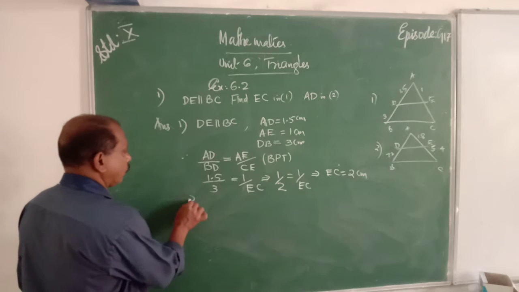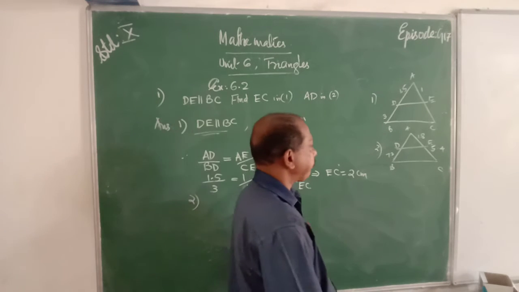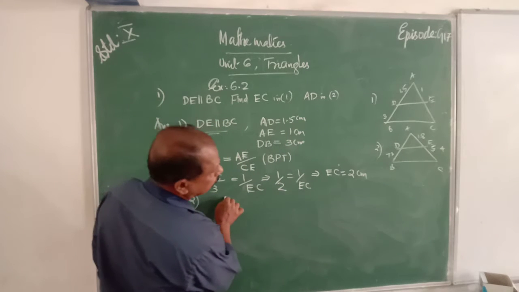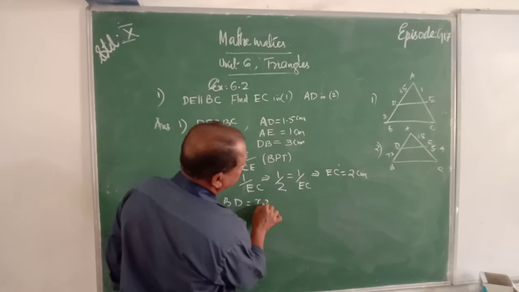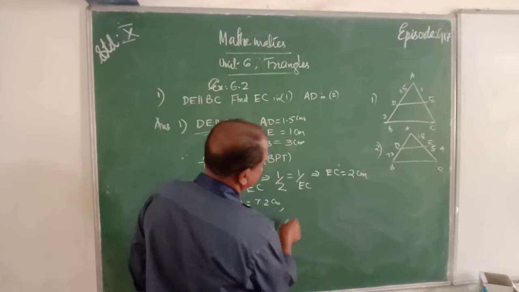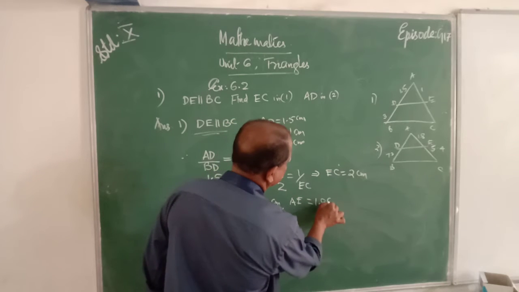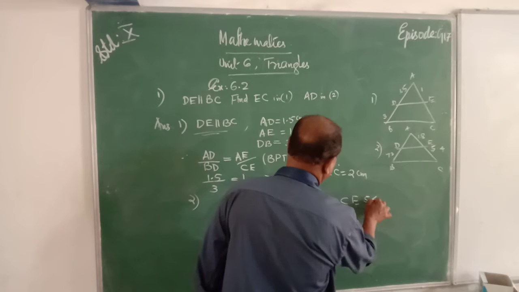Then for the second question, DE is always parallel to BC. For the second question, BD is equal to 7.2 centimeter, AE is equal to 1.8 centimeter, and CE is equal to 5.4 centimeter.